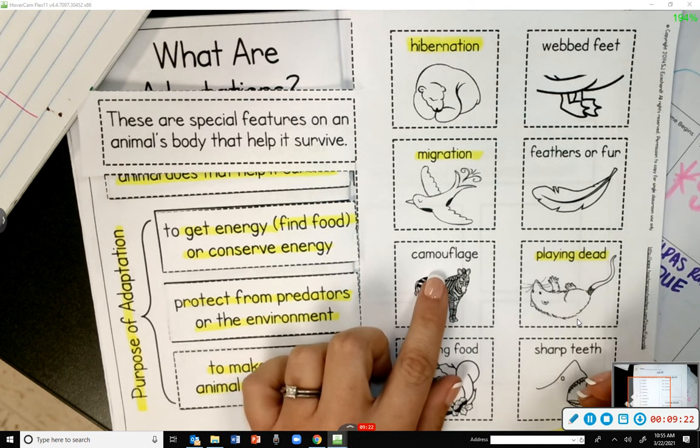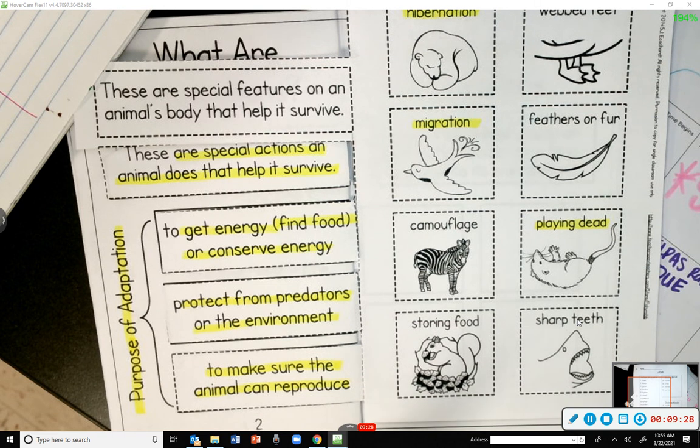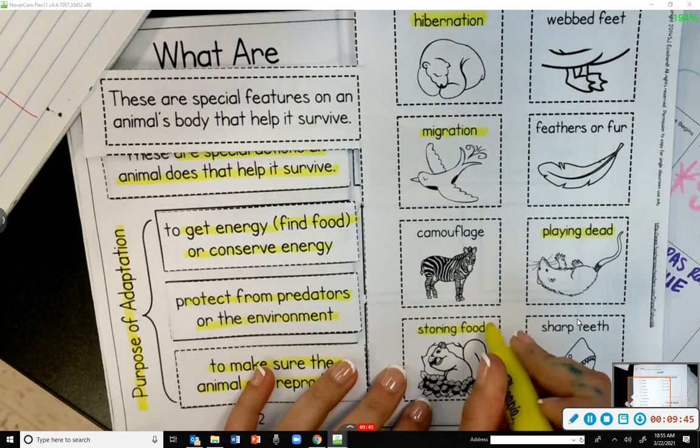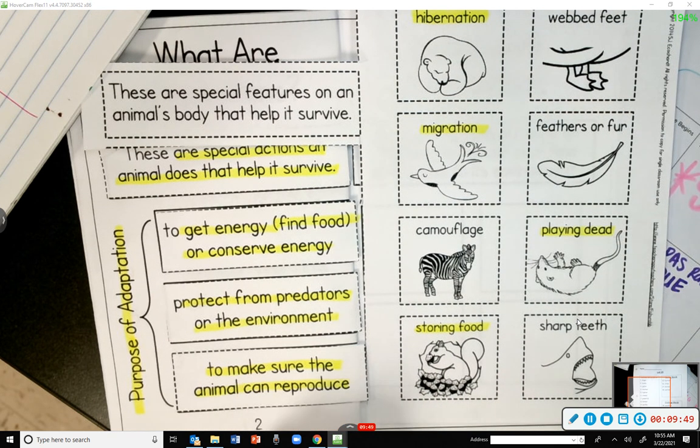Physical. So camouflage is physical. That has to do with their body. Storing food. So squirrels will store food. Is that a behavior or a physical thing? Is that part of their body? No. So that's behavioral. Sharp teeth. Is that part of the body? Yes. So that's physical.